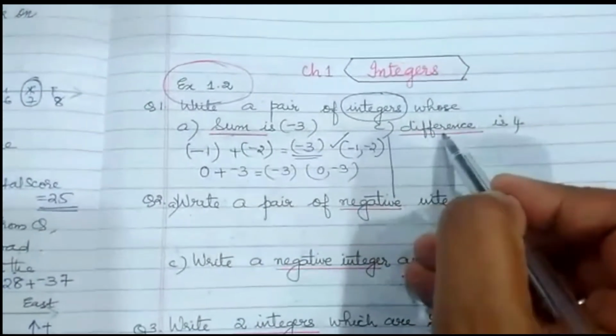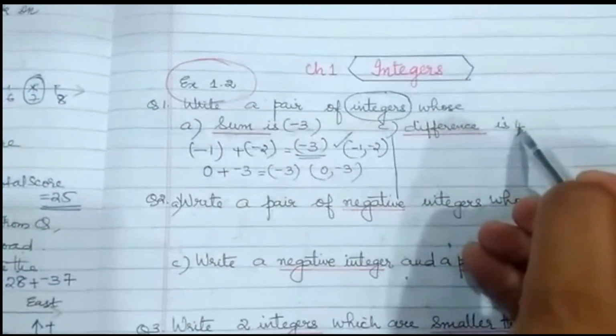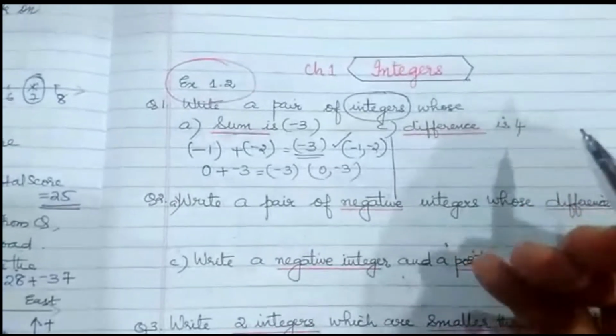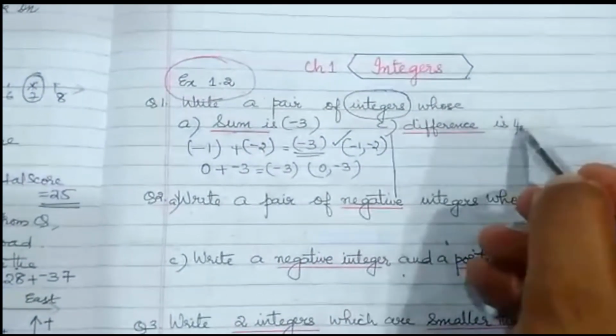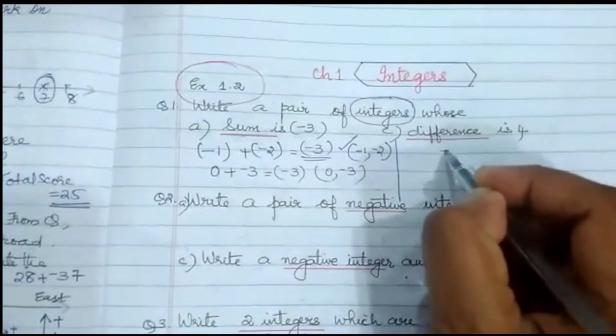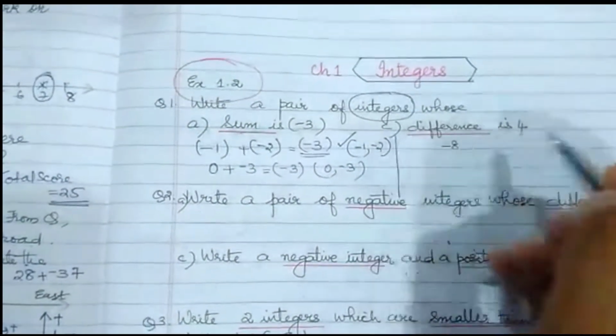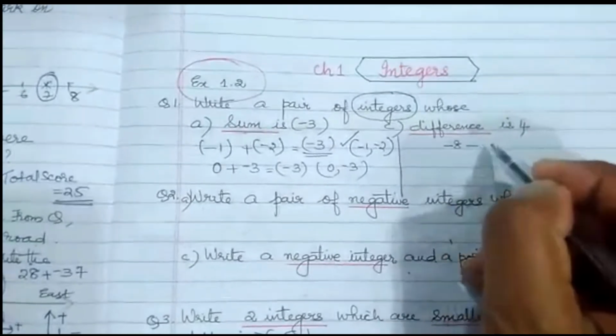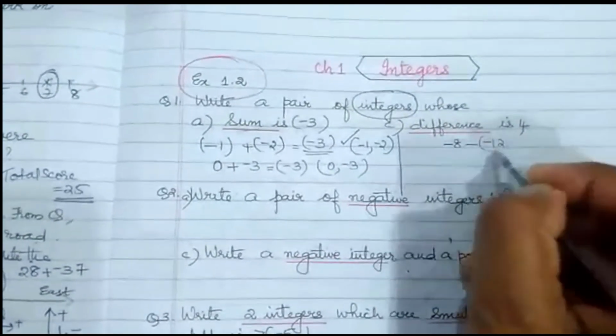Now the next question: difference is 4. That means you have to subtract and the difference should be 4. So minus 8 minus minus 12.